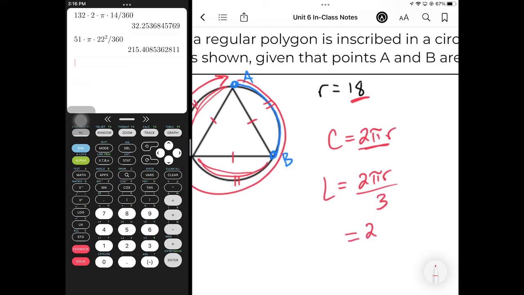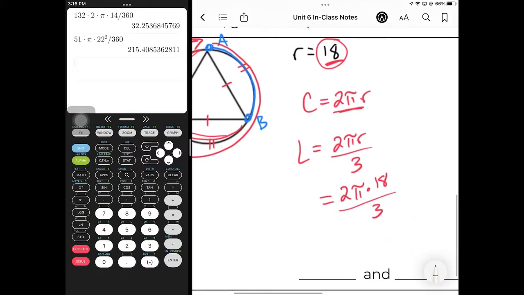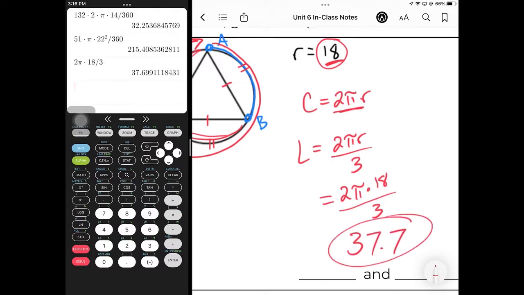So all I have to do is 2 pi times the radius of 18 and divide that by 3. So when I do 2 pi times 18 divided by 3, I get 37.7 for that length of that arc. Instead of using an angle measure to find out how much of the circle I'm using, I'm going to use the number of sides of the polygon.